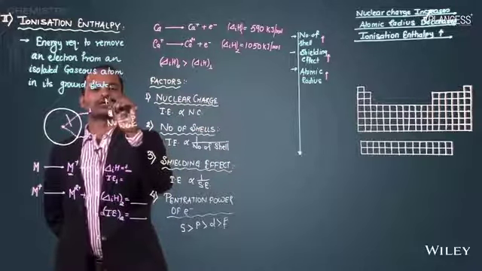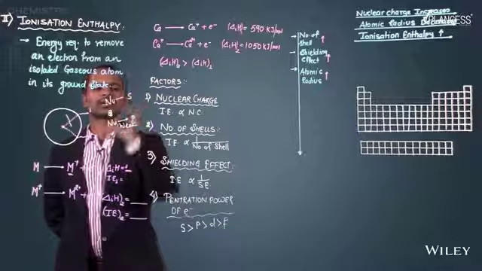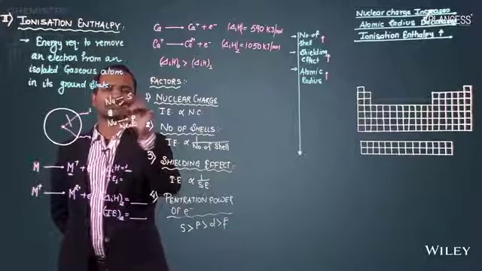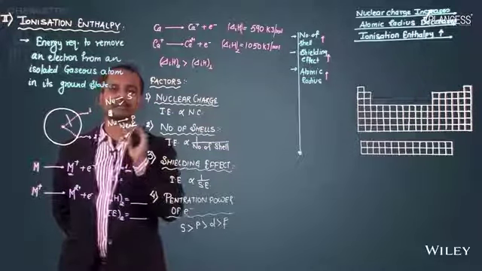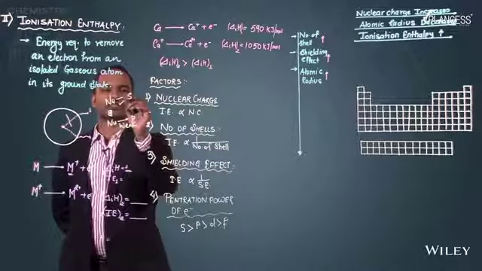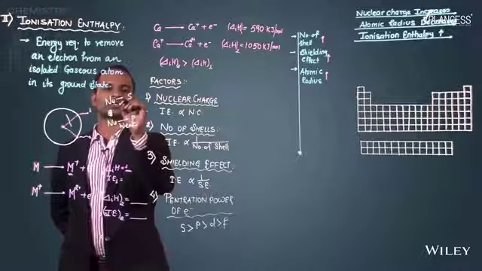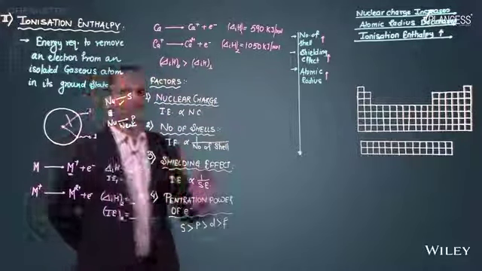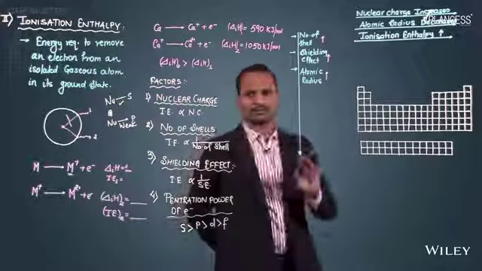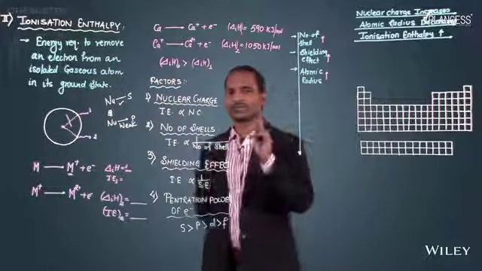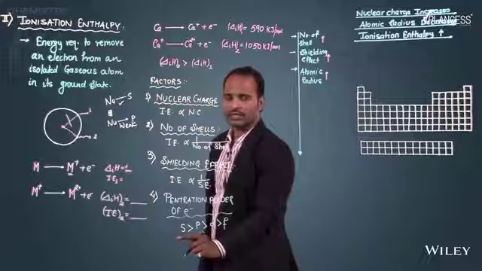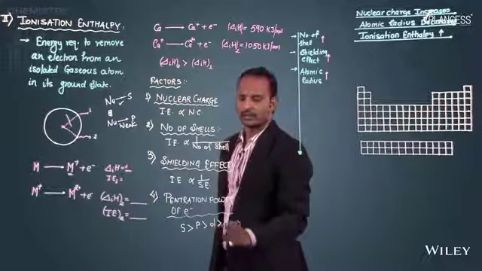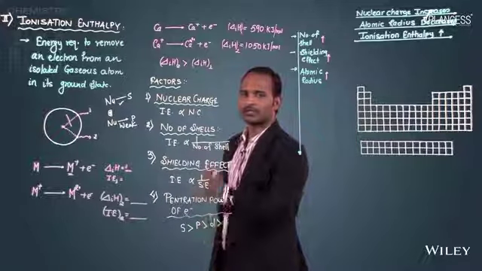While the attraction between the nucleus and the s orbital electron is more, and that's why more energy will be needed. This attraction is more because the s orbital has high penetration power, due to which it is closer to the nucleus. That's why for an electron in the same outermost shell, the s orbital requires more energy compared to the p, d, and f orbitals. That is, ionization energy for the s orbital is more.